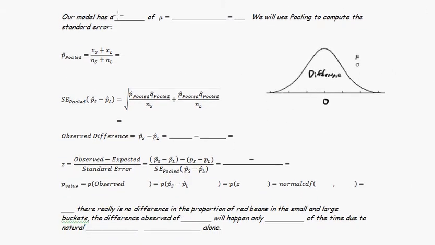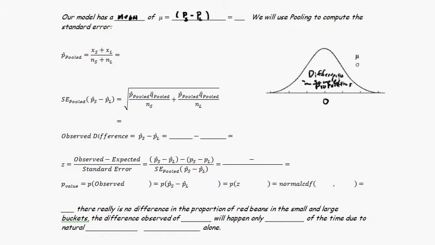So the model has a mean of mu equal to, and then we have to use some notation here because what we're saying is p hat S minus p hat L, but what this is, is the differences in sample proportions.